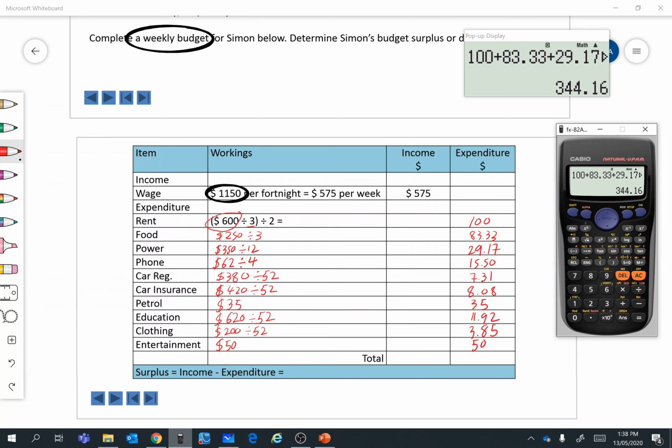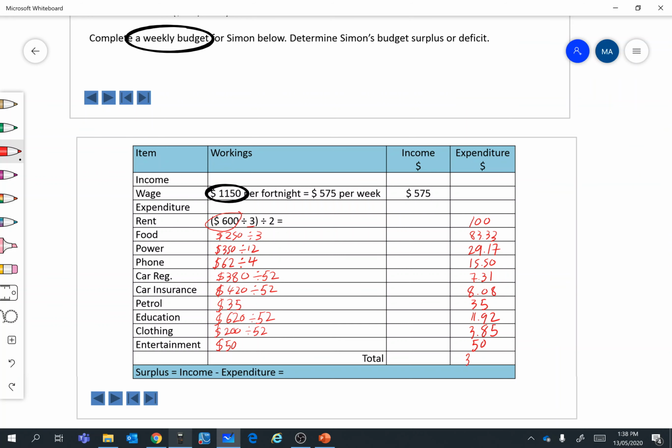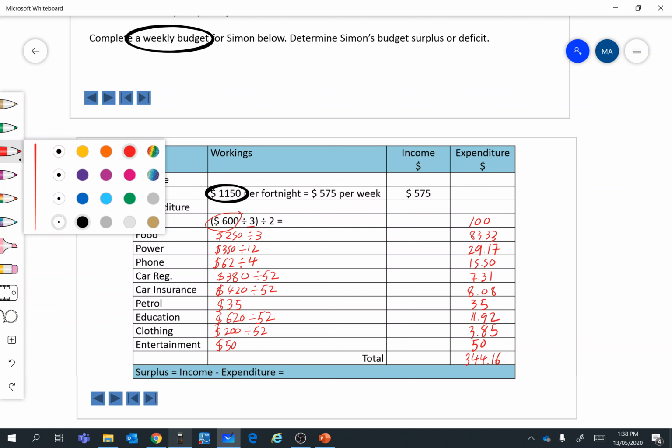And that all adds up to 344.16. So the total of his expenditure is $344.16.